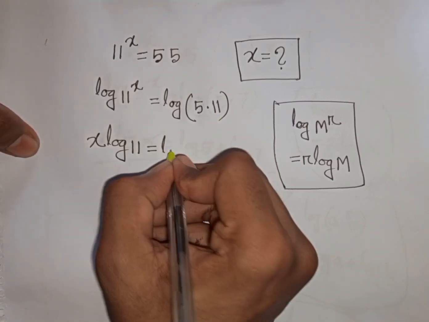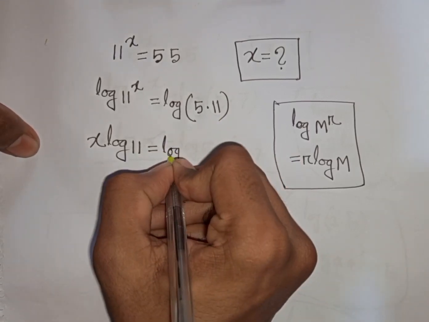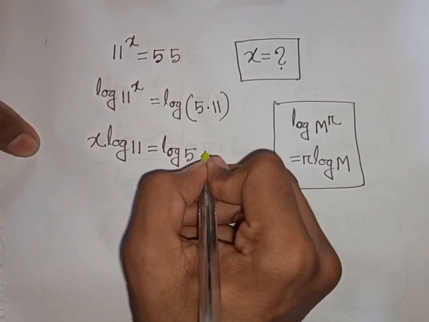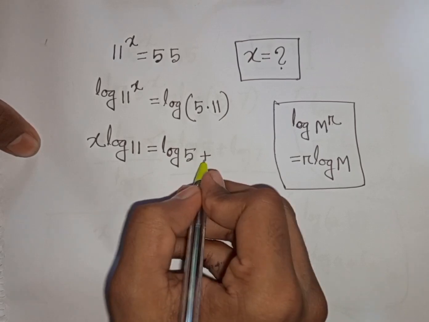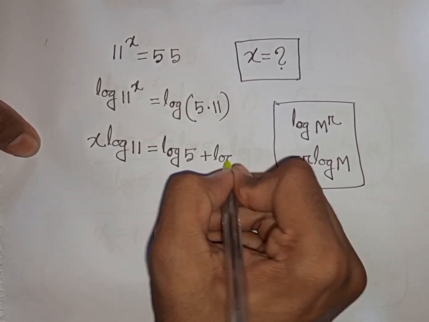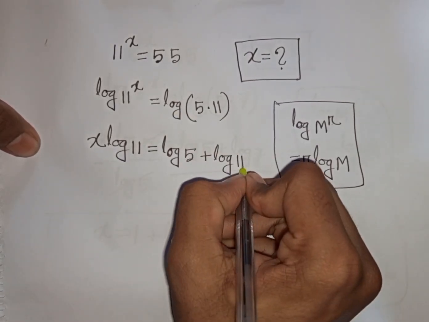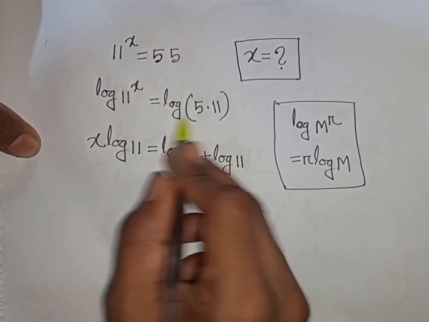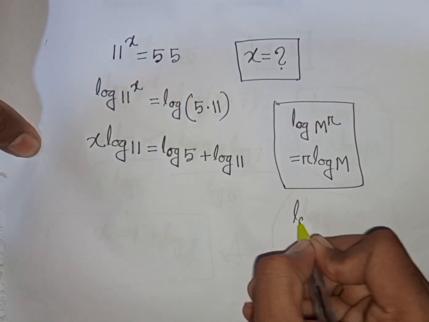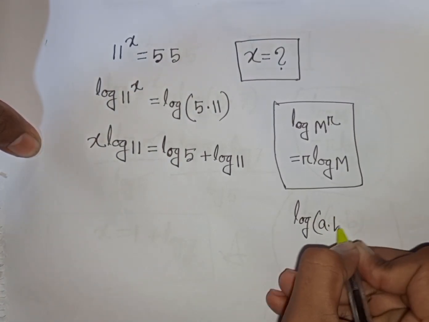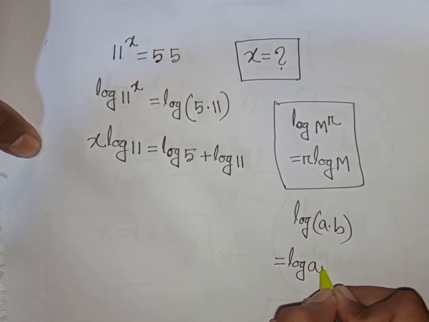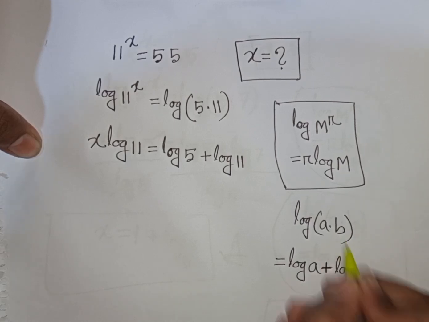That means it will be log 5 plus log 11. Here we applied this rule, log of a times b is equal to log a plus log b.